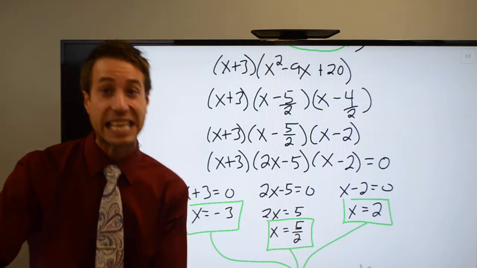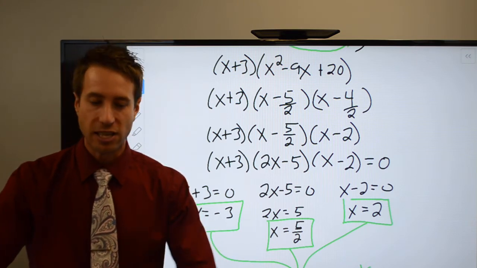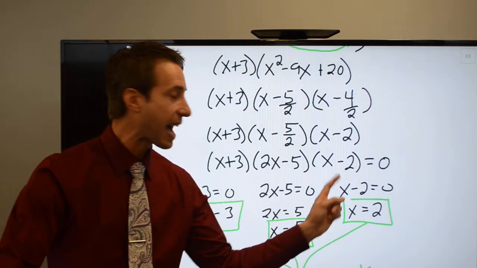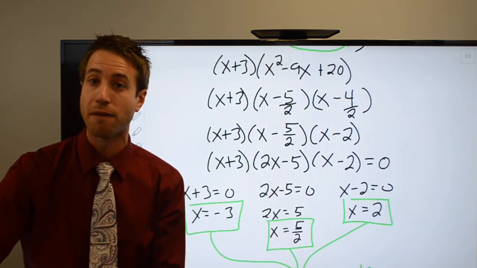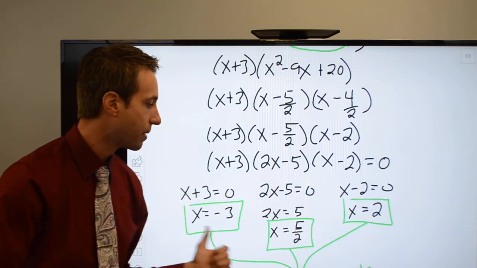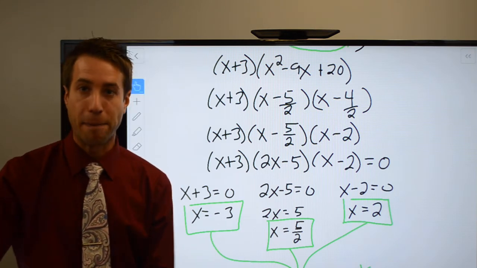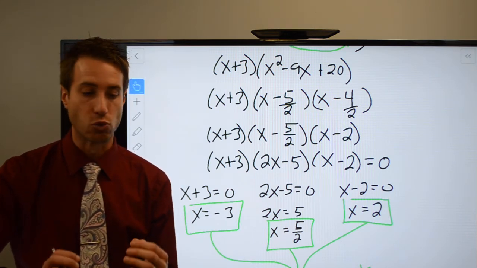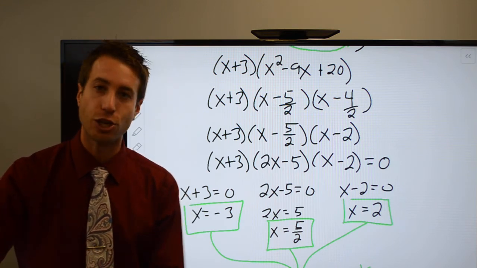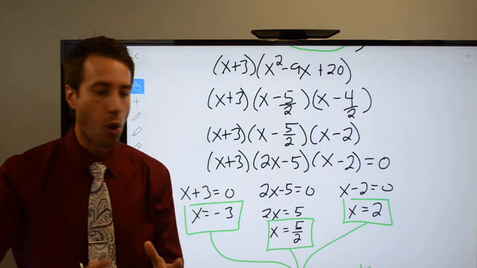Once we determined that yes, it was a factor, we then used our factoring methods to factor the rest of our depressed polynomial to get all the remaining factors of the polynomial, which we then can use the zero product property to split up and find all of our x-intercepts. Guys, this is epic when it comes to algebra. This is really, really important stuff. Remember, finding zeros is a huge part of algebra, and you just found the zeros for a whopper of a polynomial.